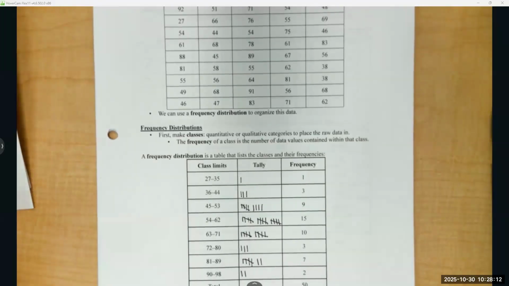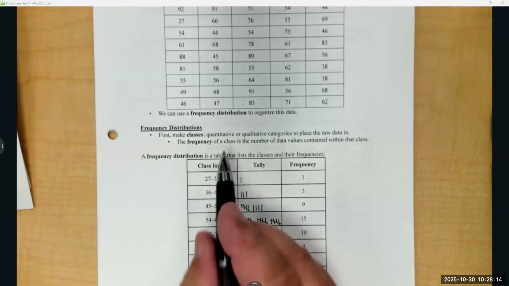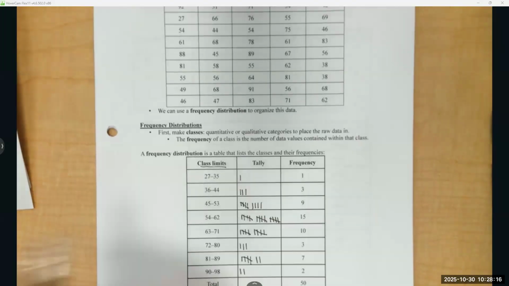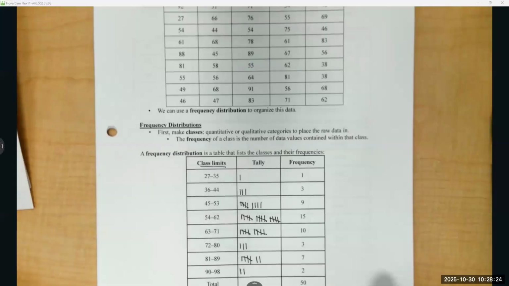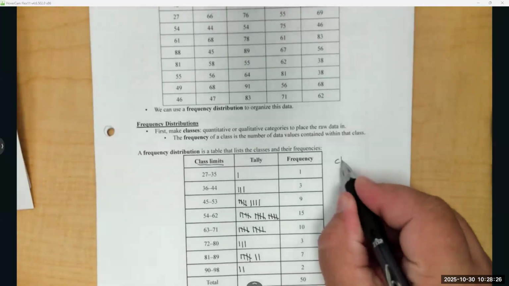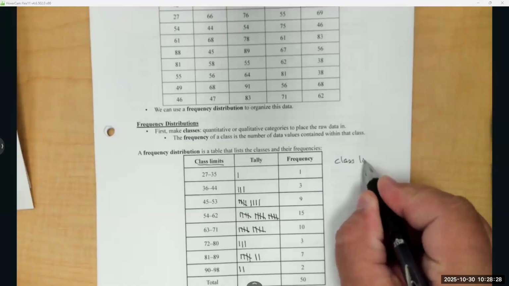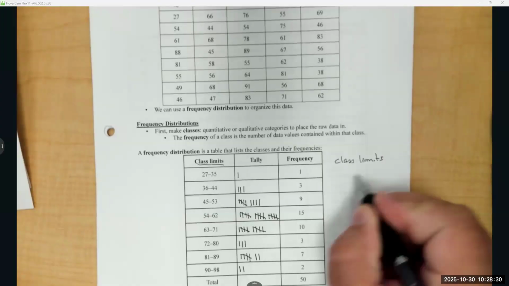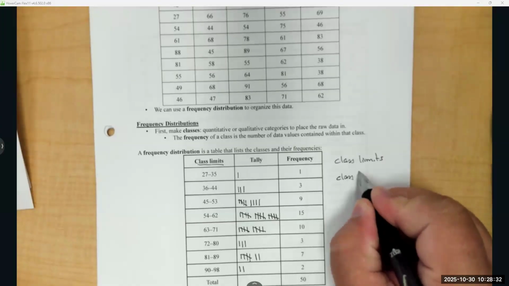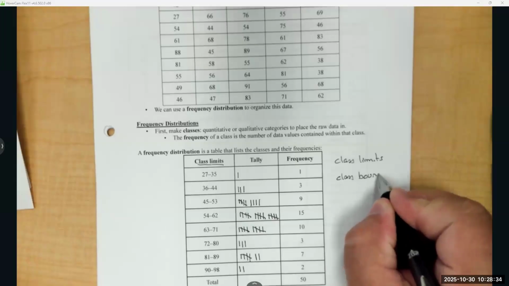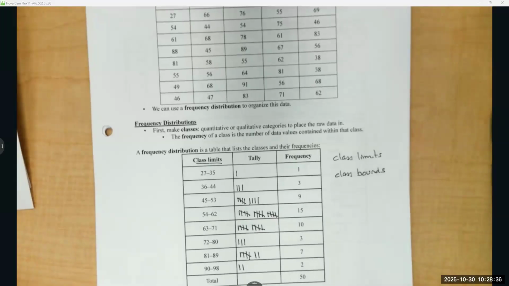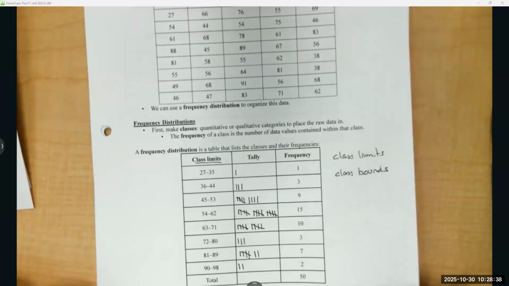All right. The question you should ask now: these are your class limits. How do we find class limits? So what's the difference between class limits and class bounds? Or are they the same thing?